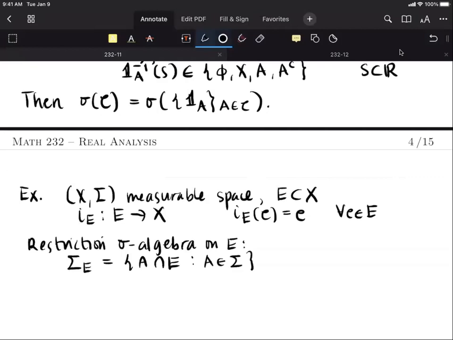So we just take the intersection of elements in the sigma algebra, sigma, with the subset E.